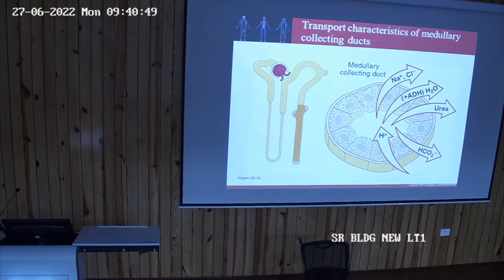These aquaporins are 10 or 11 in number, but only 2 or 3 types are present in this distal convoluted segment, responsible for the reabsorption of water. This type of reabsorption, which works under the influence of certain hormones, is a facultative type of water reabsorption.